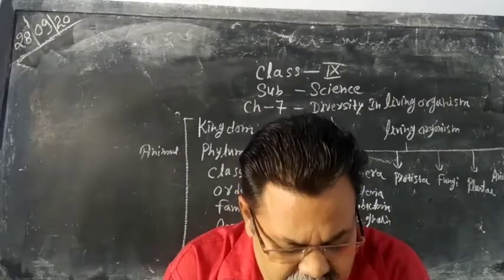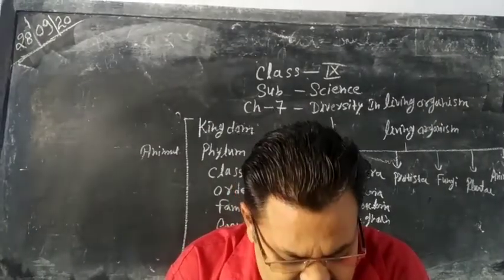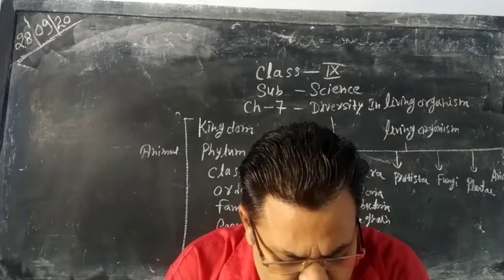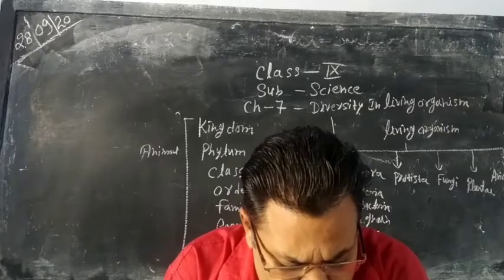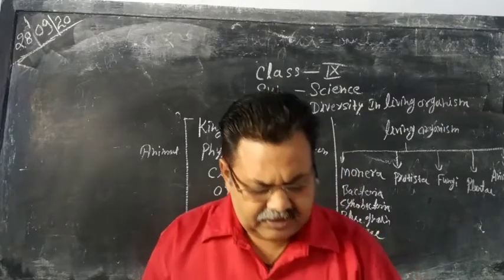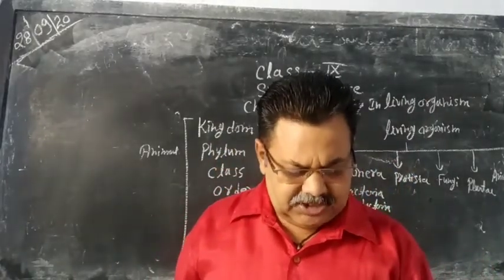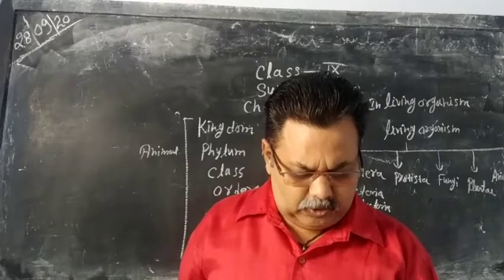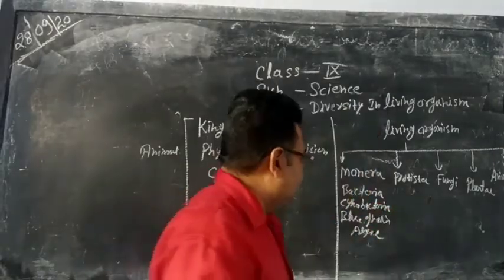But this group has only one cell, so it is a unicellular eukaryotic organism. The locomotory organs are hair-like cilia and flagella, and the mode of nutrition is autotrophic and heterotrophic. For example, diatoms and protozoans.